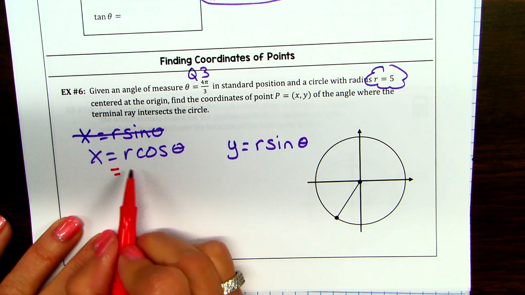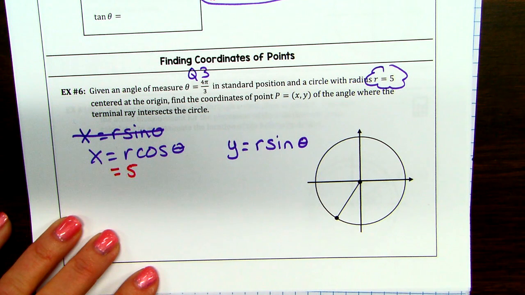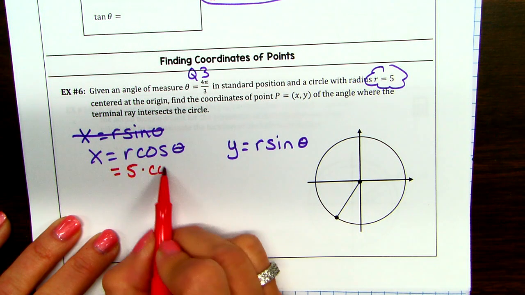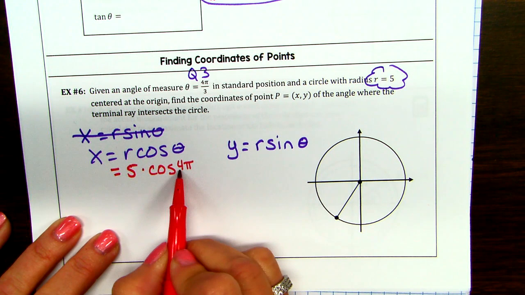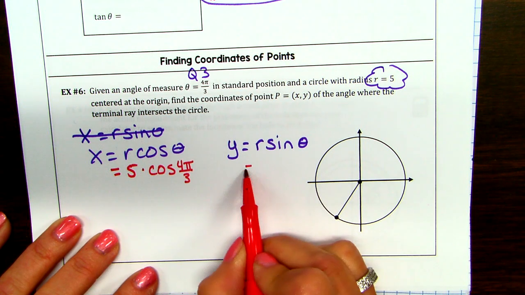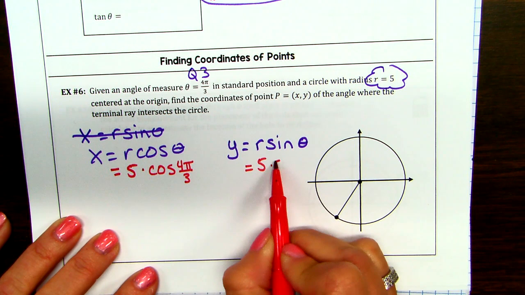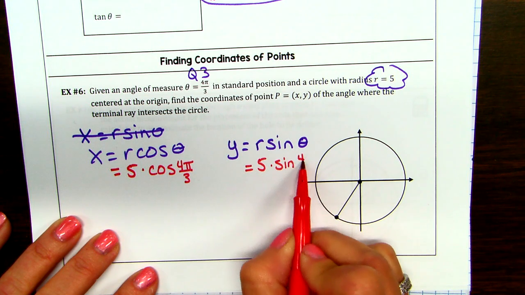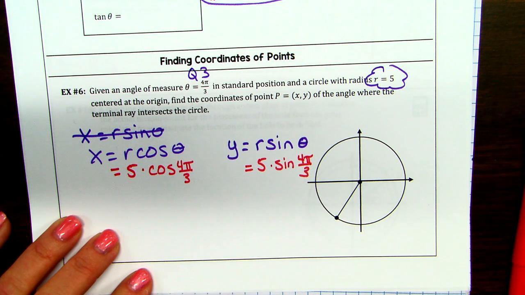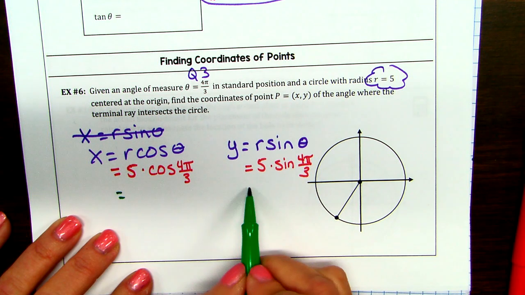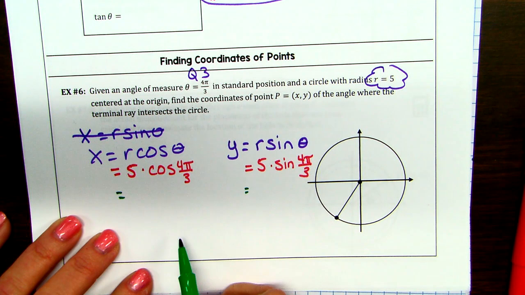So radius is 5, right? That was given to us. And then times cosine of this angle. We're going to do the same thing over here. 5 times sine of 4 pi over 3. Okay? So what is cosine and sine of 4 pi over 3?